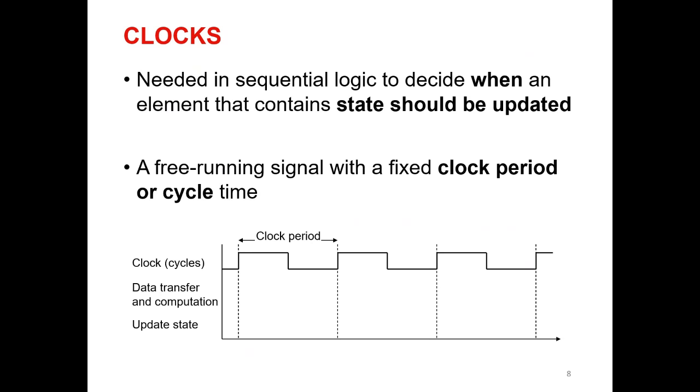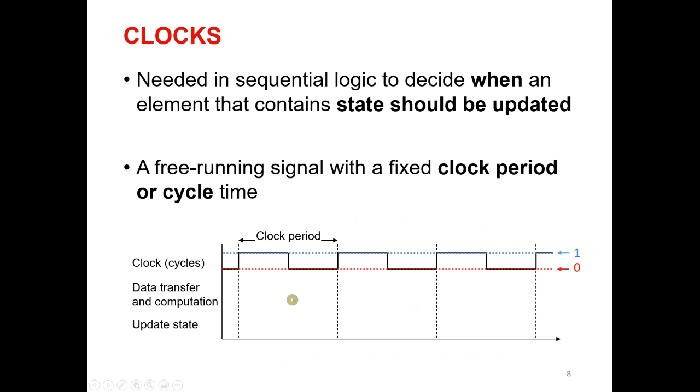For instance, here we have the clock signal, which you see goes up and down. In this case, down is when the signal is 0 and up is when the signal is 1.